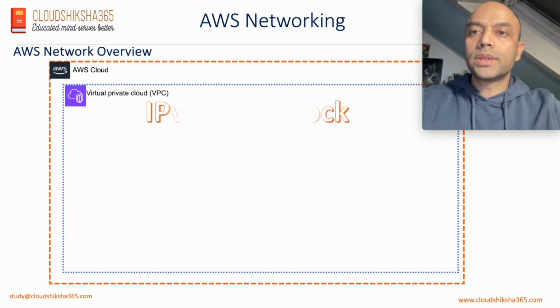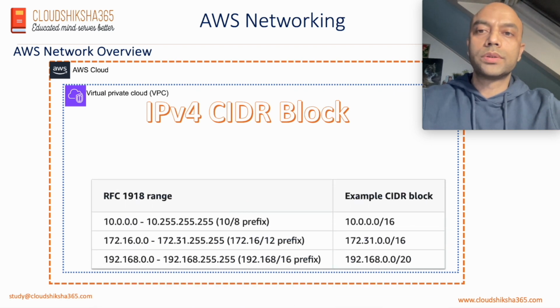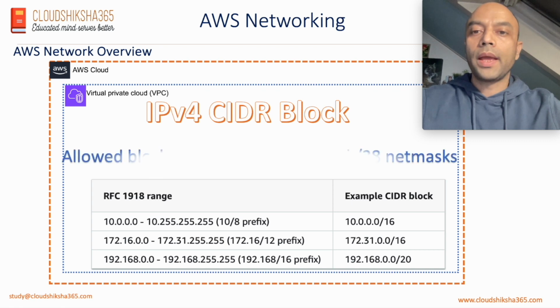Now taking one step further, I will talk a bit about the VPC's IP blocks. When we talk about IPv4, there are certain defined CIDR blocks that we should opt for when creating VPCs. These ranges come from RFC 1918, and for the three classes, class A is 10.0.0.0/8, class B is 172.16.0.0 to 172.31.0.0/16, and class C is 192.168.0.0/20.